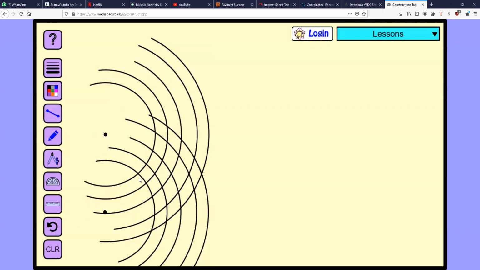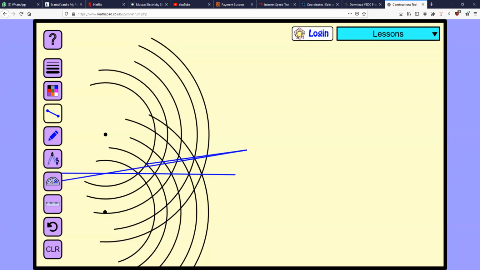If you see this blue line which I'm drawing right now, can you see that wherever the construction is taking place, you have these lines over there?